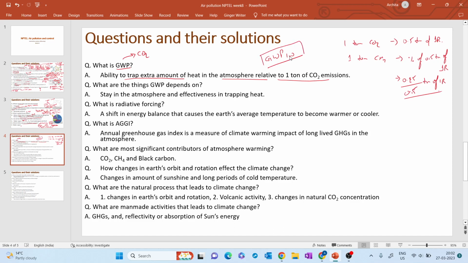So that is what global warming potential is: how much infrared is trapped by a particular gas, which is CH4, ozone, water vapor, etc., relative to the amount trapped by 1 ton of CO2.